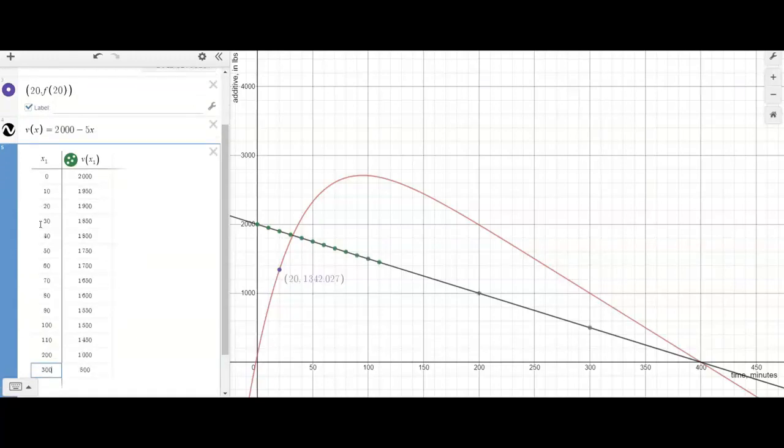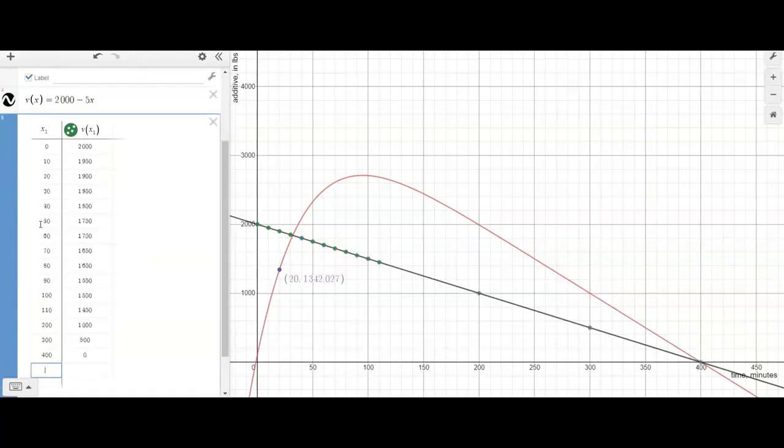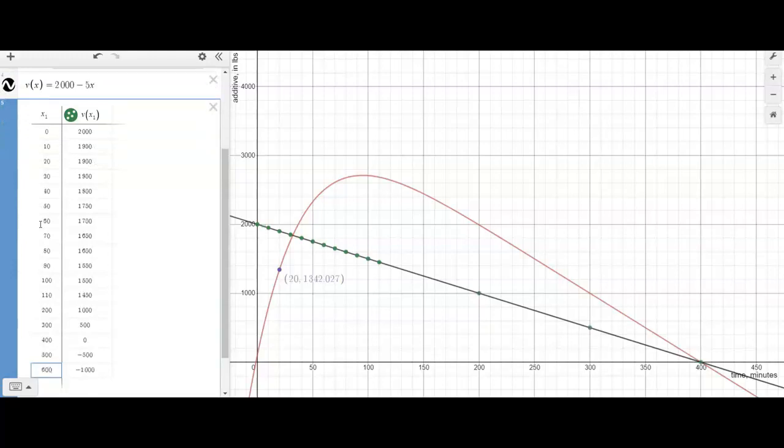So if we went to 200, 300, 400, 500, 600, you can see that at time 400, 400 times 5 is 2,000. 2,000 minus 2,000 is 0. So this is the time, you can see that this is the volume function. The volume inside of that tank is decreasing, and at time 400, we run out of gasoline.